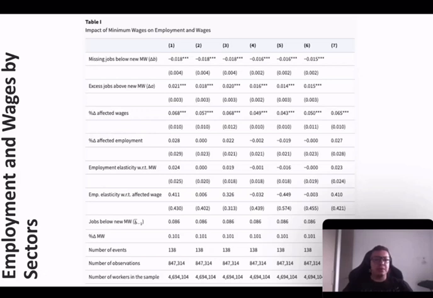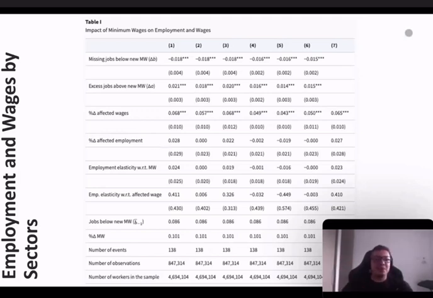This approach helps us understand not only the direct effects on employment, but also how minimum wage changes can influence wage distribution across the economy. The table reports the effect of minimum wage increases based on the event study analysis, exploiting 138 state-level minimum wage changes between 1979 and 2016.